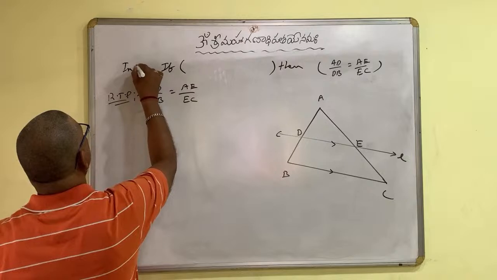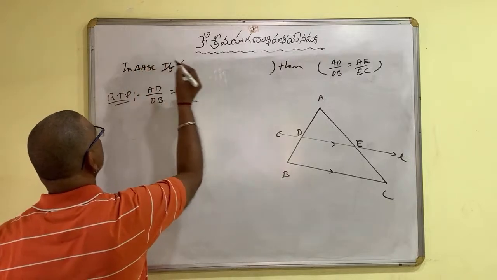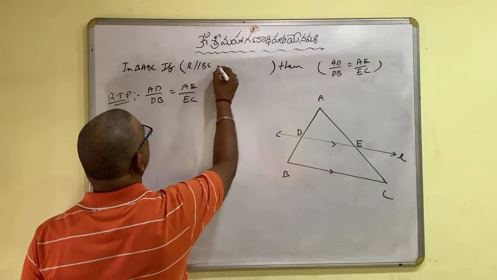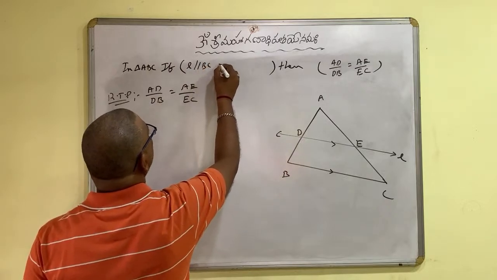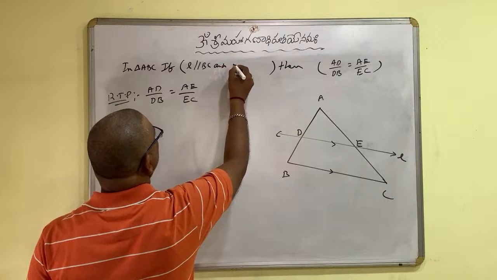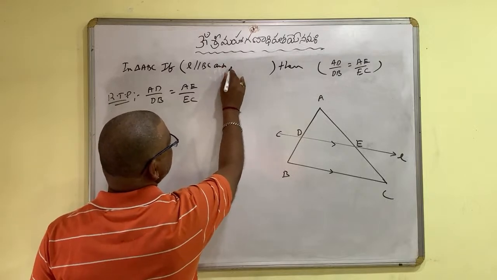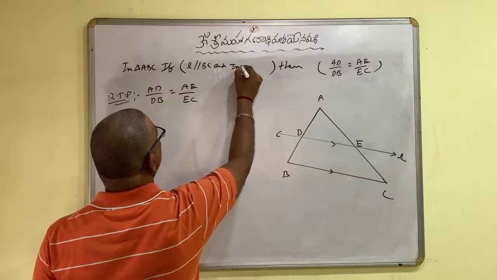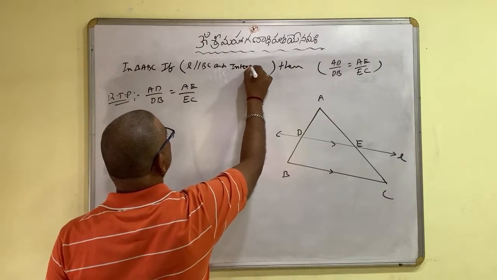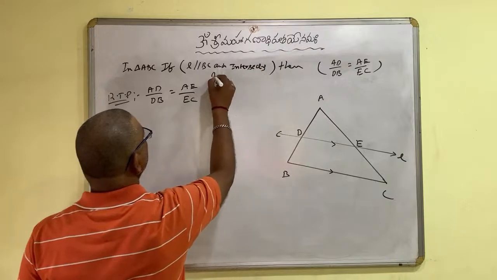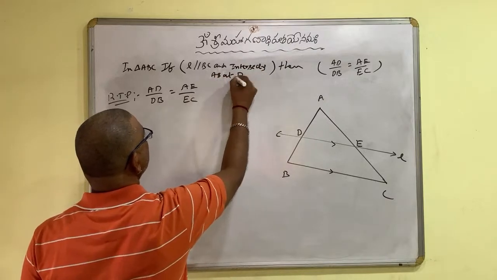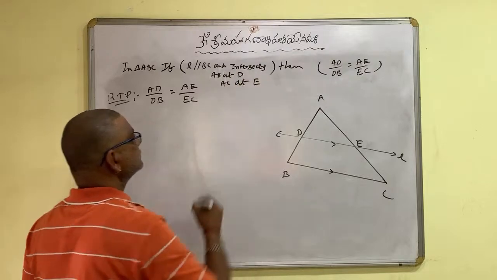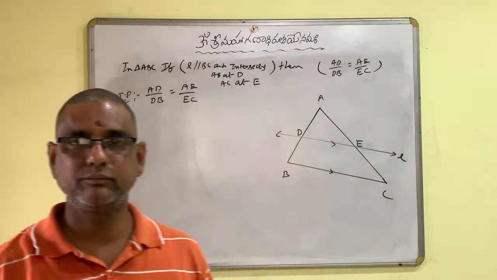In triangle ABC, if L is parallel to BC and it intersects AB at D, AC at E. This is the condition.